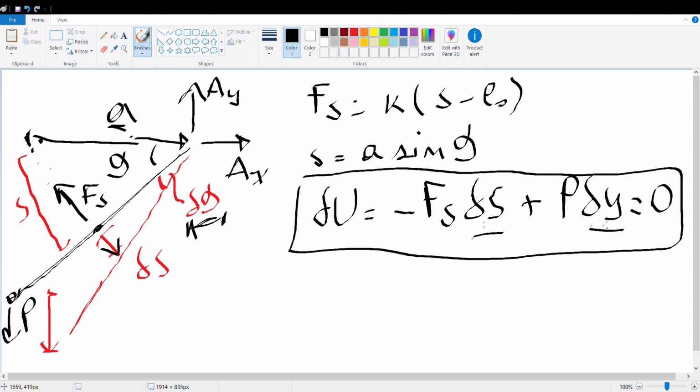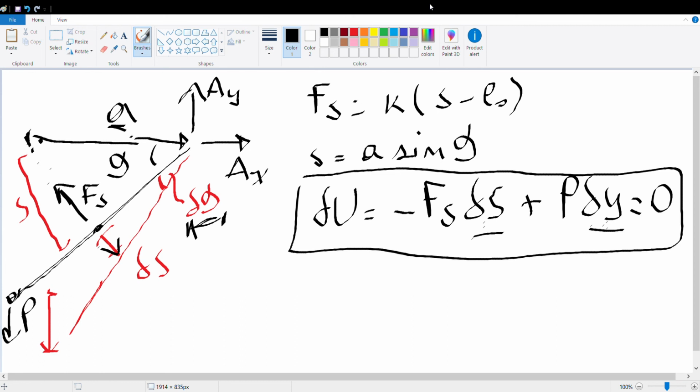We can do this in several ways. So let's look first at the spring. We want to write delta s as a function of delta theta. There is the geometrical way of doing it.